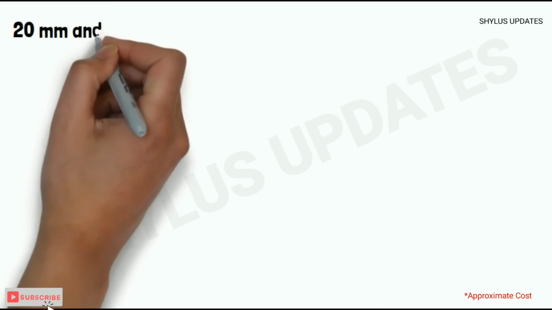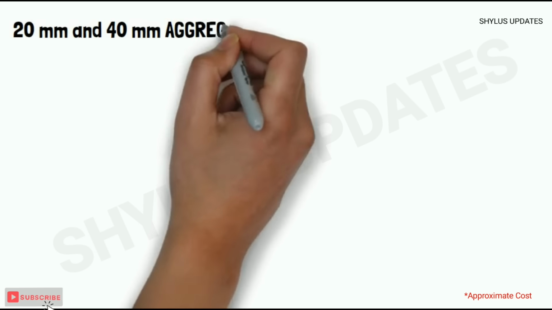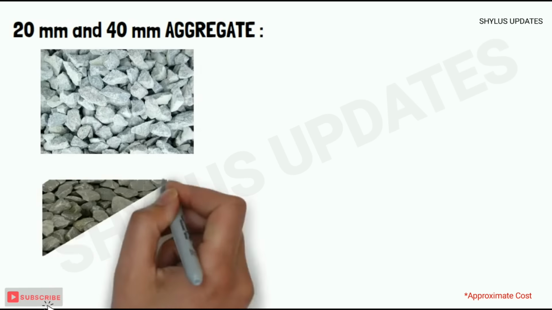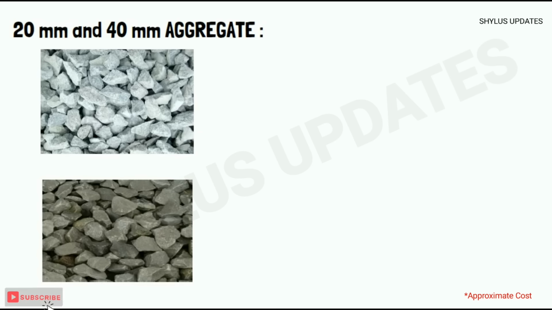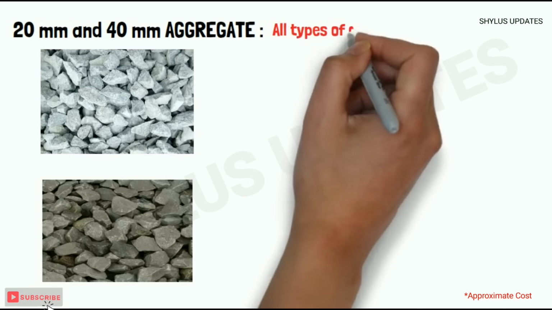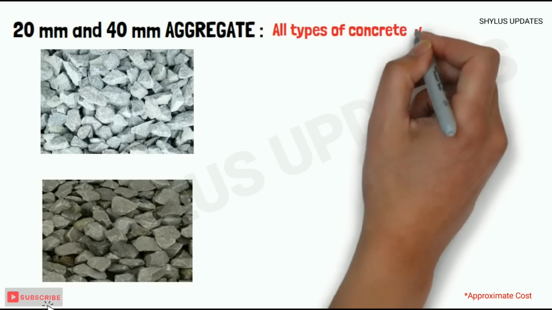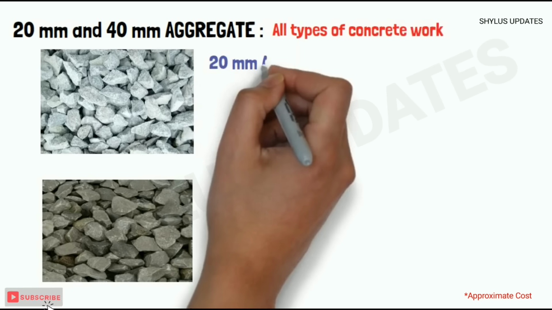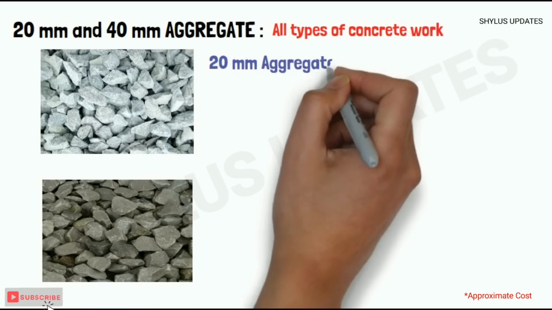20 mm aggregate and 40 mm aggregate. These 20 mm aggregate and 40 mm aggregates are used in all types of concrete work. First, let us see about 20 mm aggregate.